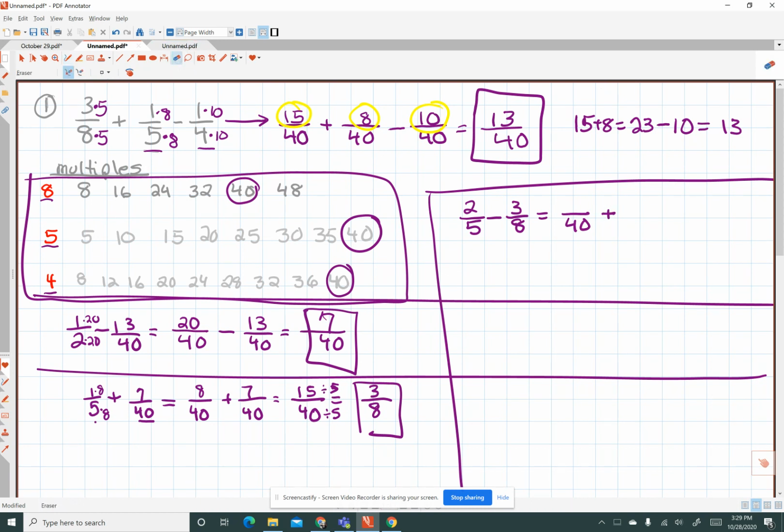Oops, that's a minus. So 5 times 8 is 40. 2 times 8 is 16. 8 times 5 is 40. 3 times 5 is 15. And this is an easy one. 40th is our denominator. 16 minus 15 is 1/40th. So let's write that answer in.